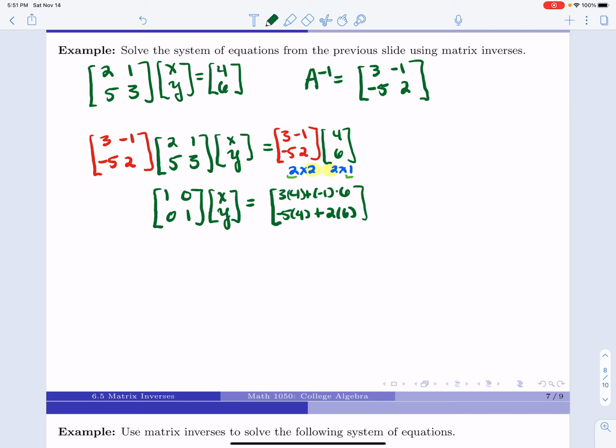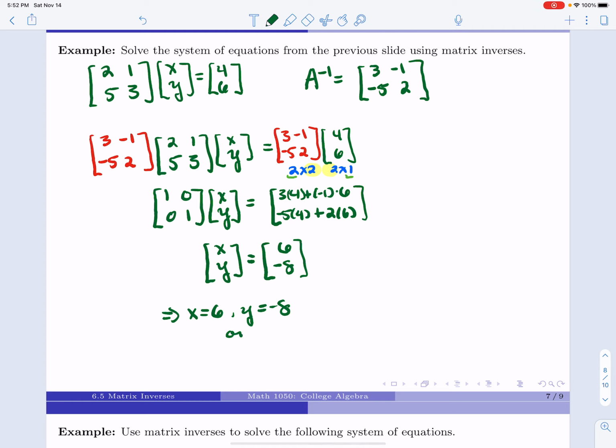Then, if you wanted to go through and check that this is indeed just xy, because we're multiplying by the identity matrix, you can. But on the left, we do just end up with the matrix xy. Doing the arithmetic here, we get for our first row 6 and our second row -8. Which means that x is equal to 6 and y is equal to -8. Or you could write it as the coordinate pair 6, -8. And that is our solution.